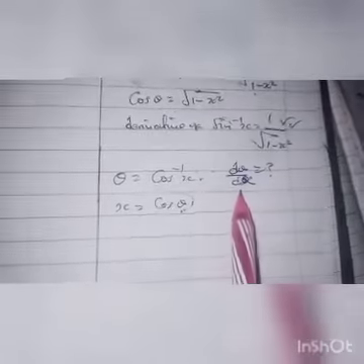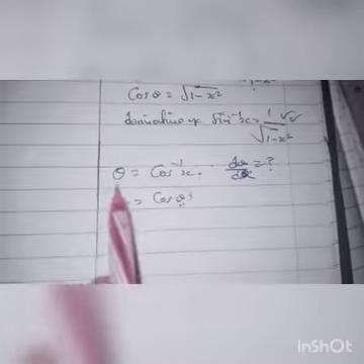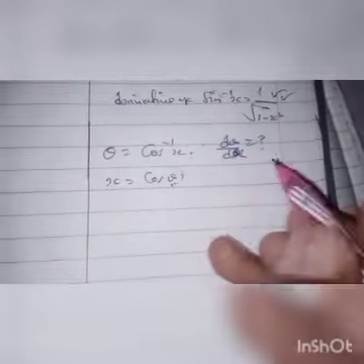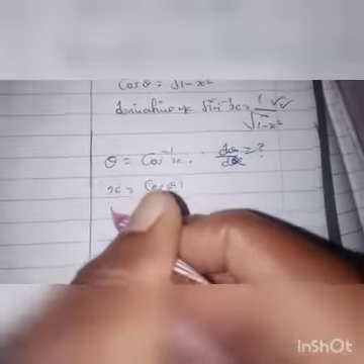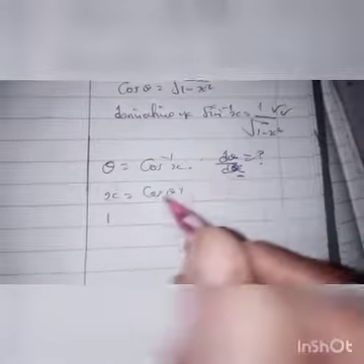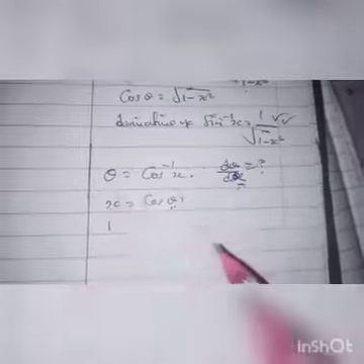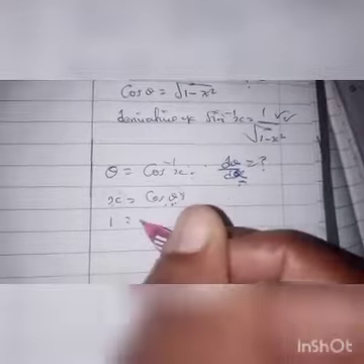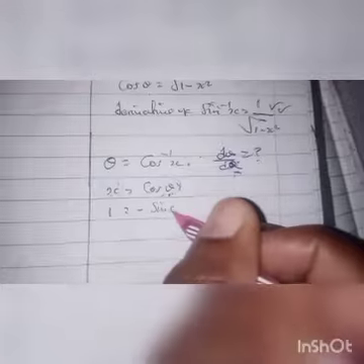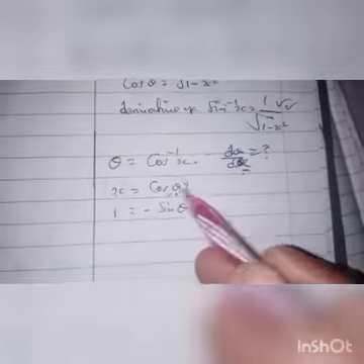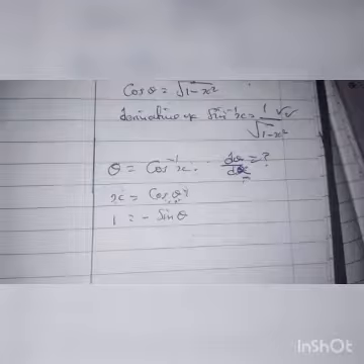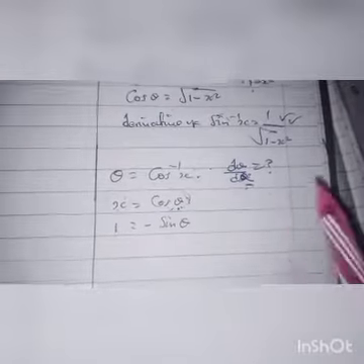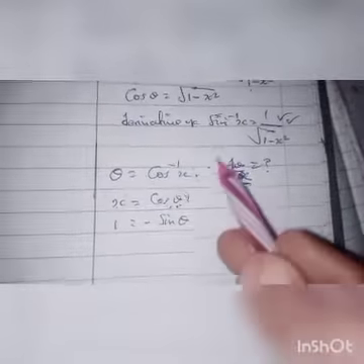We can differentiate this function in terms of x. When you differentiate x with respect to x, it is just 1. This is x, no problem. But let's differentiate the other side. The derivative of cos theta is just minus sine of theta. But let's come back to our function.